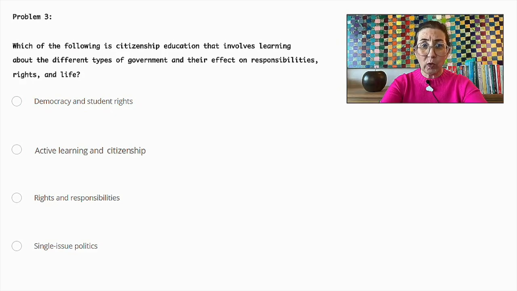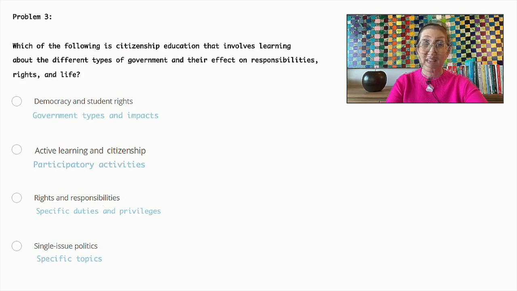When determining which type of citizenship education involves learning about different types of government and their effects on responsibilities, rights, and life, we need to review the options. Active learning and citizenship involves engaging students in participatory activities, not specifically about government types. Rights and responsibilities focus on understanding specific duties and privileges, not necessarily different government types.